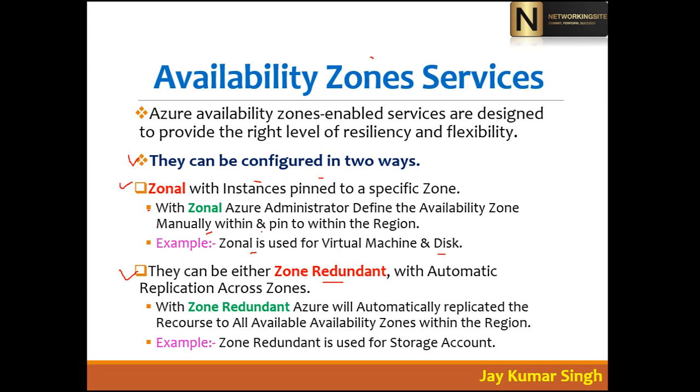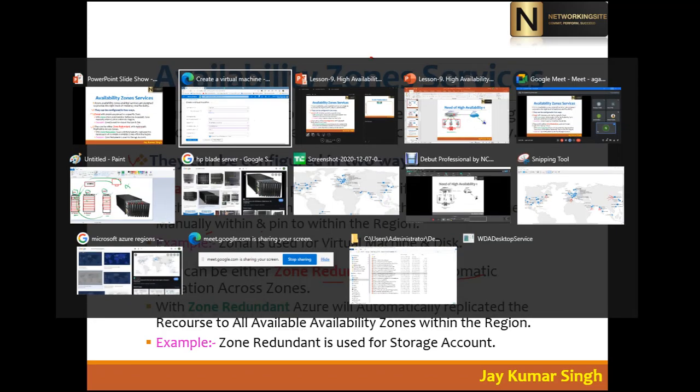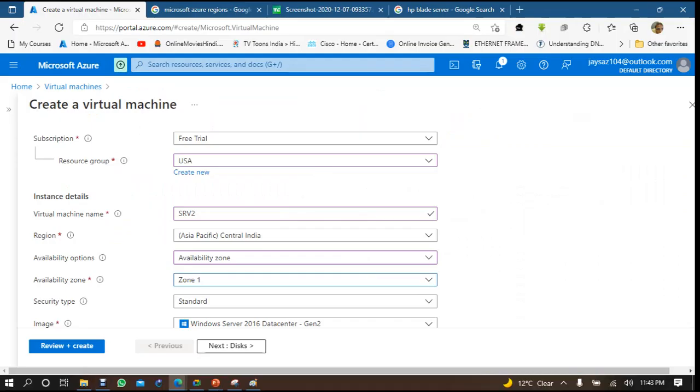Zone redundant is with automatic replication across zones, means you do not have to select that. I will show you both examples. Let me show you the zonal example, and then I will show you the zone redundant example, with a practical session. Maybe I want to create one server, SRV2, with zone. Then I will show you zone redundant.